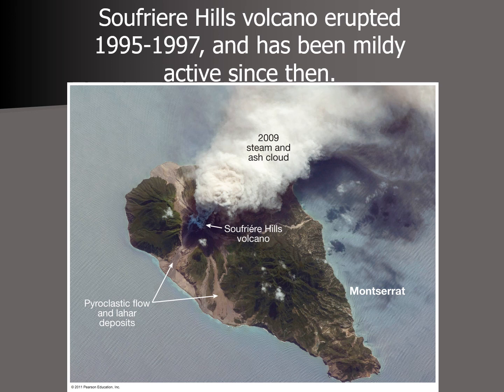And they've had some milder eruptions since then. This particular image was taken in 2009, and you see over there on the left pyroclastic flow and lahar deposits from the eruptions in the 90s, but clearly it's still active. I don't know if anybody still lives on Montserrat. Maybe there's a handful of people down there to the southeast that are able to live there.